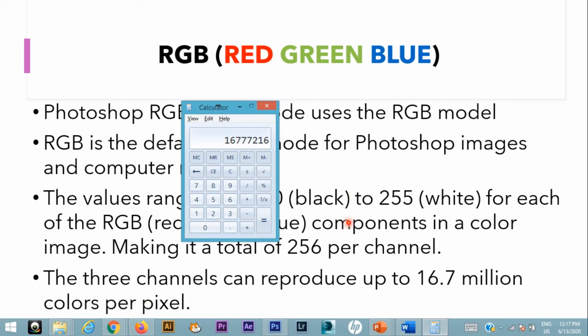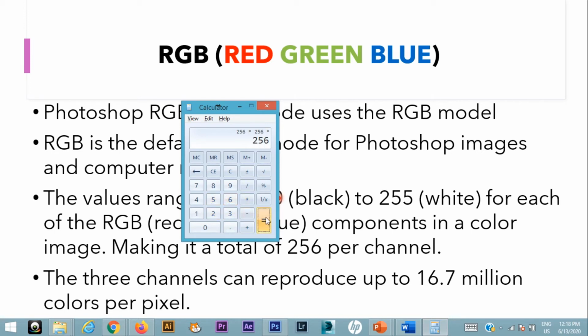Now I would like to show you what the pixel looks like so you understand what we are talking about when we say pixel. But before we get there, look at this. This 16.7 million is produced from 256 multiplied by 256 multiplied by 256.